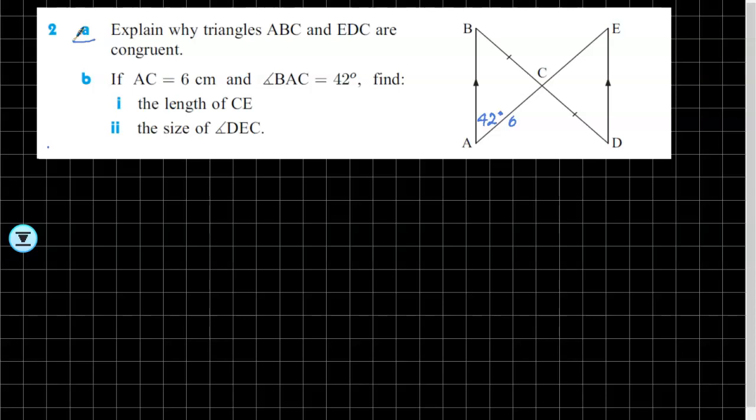Okay, explain why triangles ABC and EDC are congruent. Absolutely. Can everyone see why it's side angle side? Because these are the same, they're vertically opposite. So to write this up, we would say angle BCA equals angle ECD, vertically opposite.